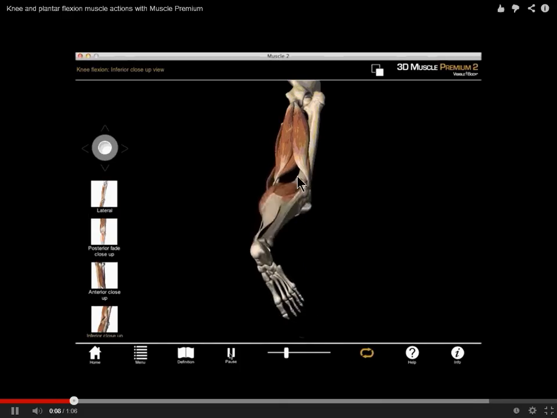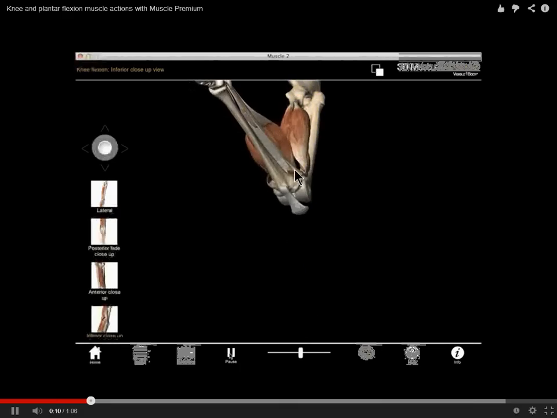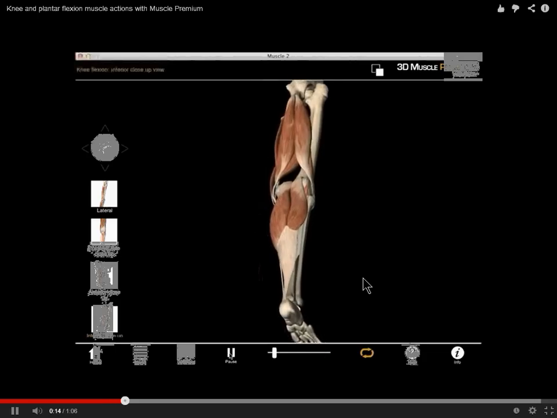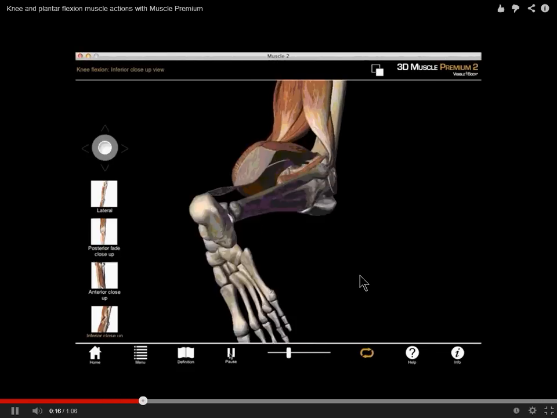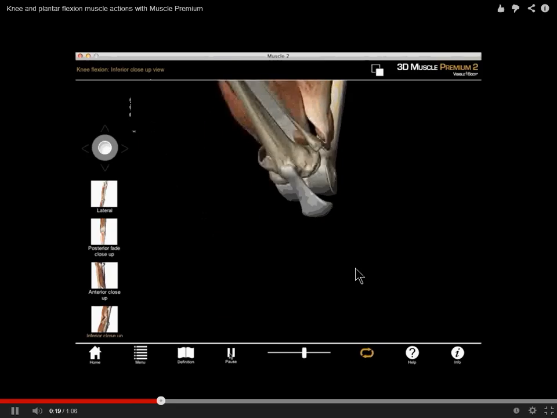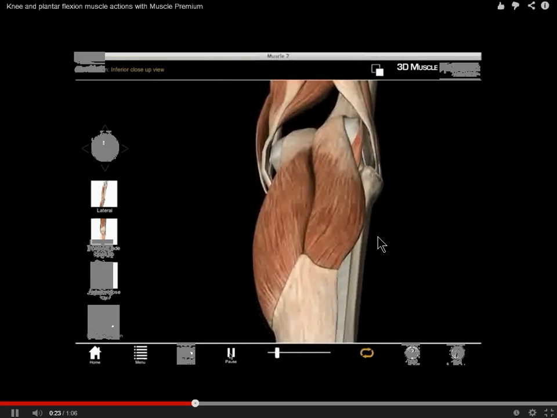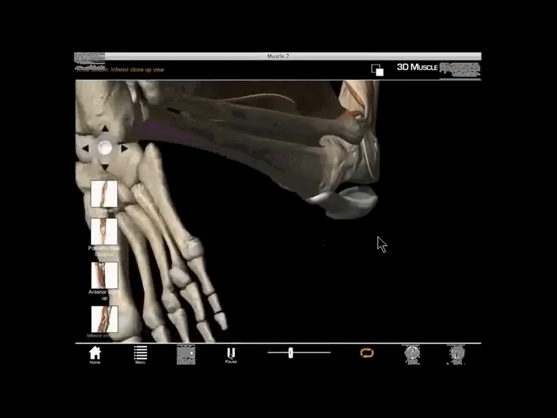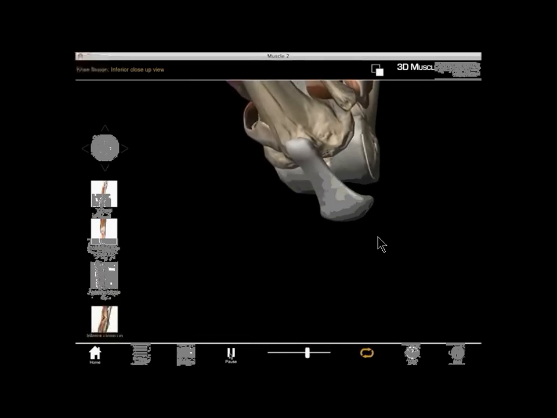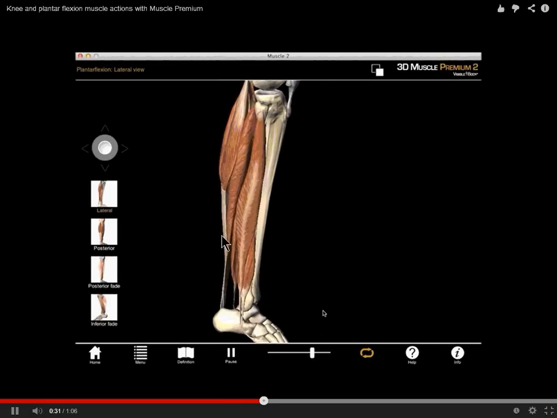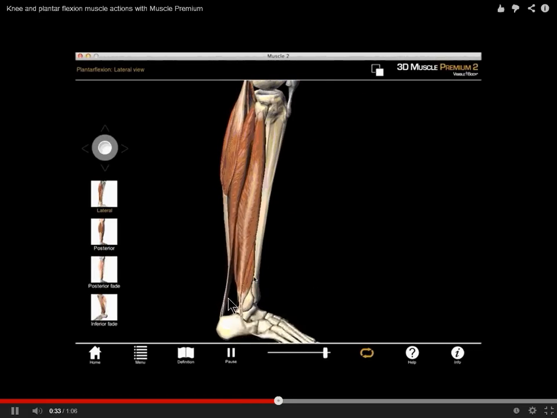So these are muscles on the posterior aspect of the knee. So notice when they contract how the knee flexes. So the knee is flexing, they are behind the knee joint or posterior to the knee joint. And here is a muscle which is behind the ankle joint.